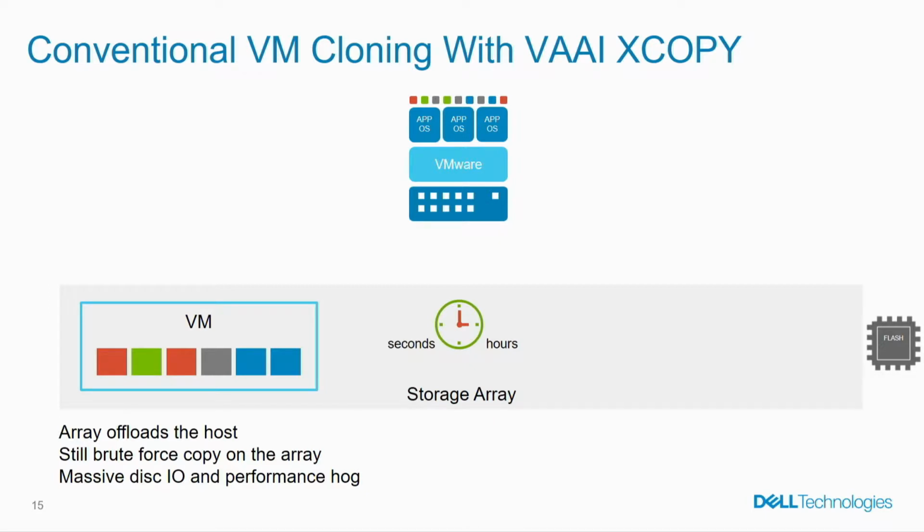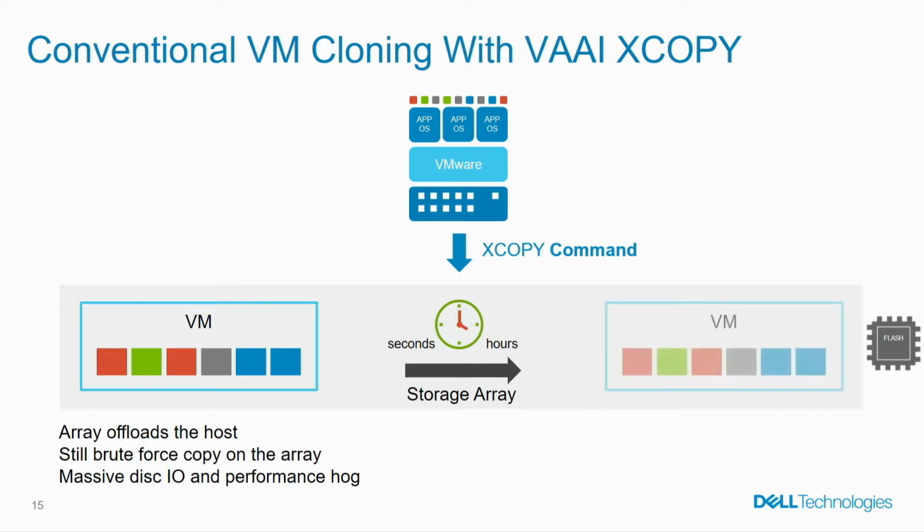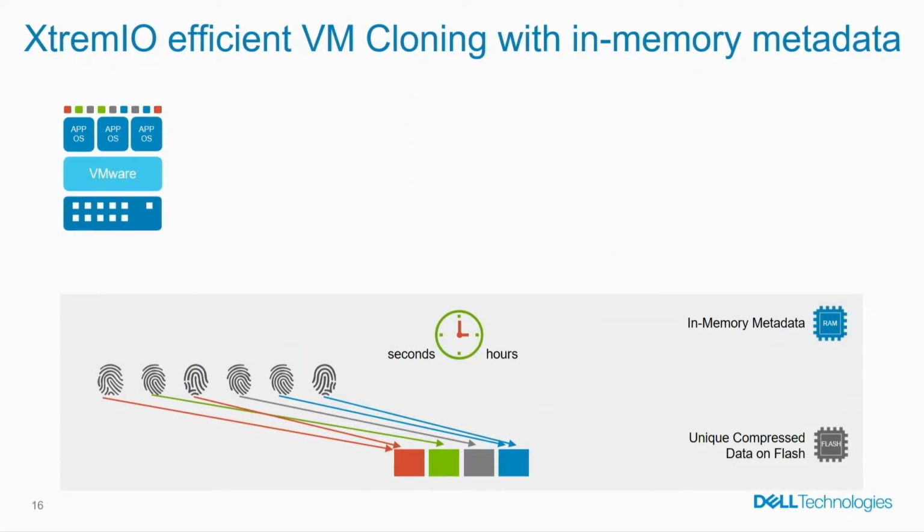So this is what a conventional VM cloning operation with VAAI looks like. The ESXi host sends the whole command to the storage array: I want to copy this amount of blocks, please update me once done. The storage array does the copy operation, writes the blocks, and then updates the ESXi host that the operation completed.